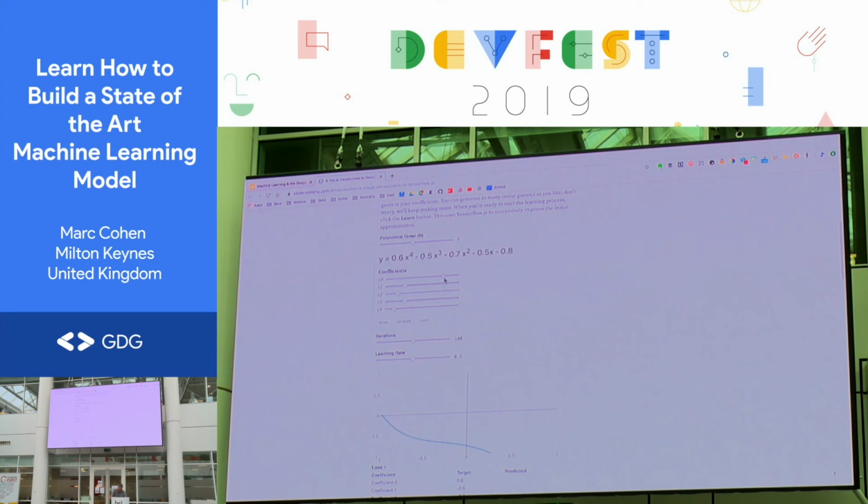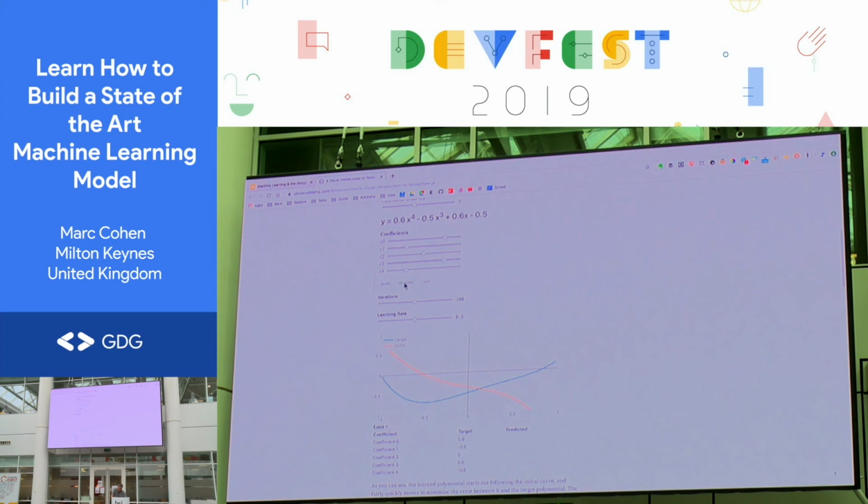As you do that, hopefully you're seeing the graph of the resulting function moving around as it should. Once you're happy with the polynomial you've chosen, you click Generate. You can click it multiple times, and this will generate a random function with the same order. And then you can say Learn.